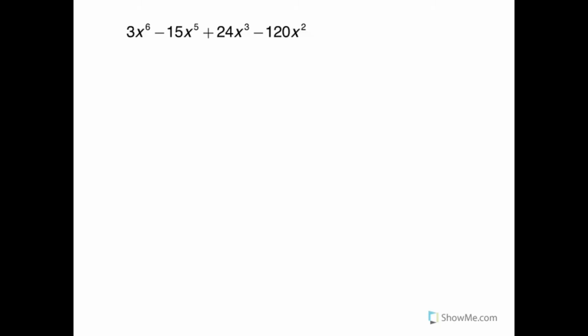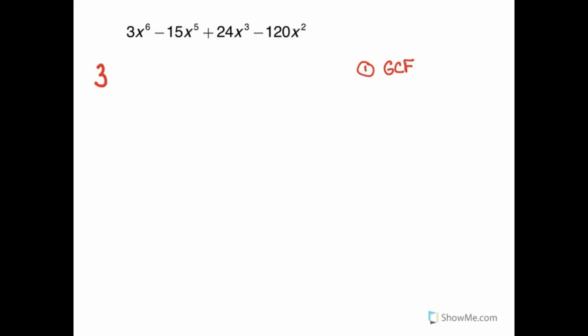Well, here's a doozy. 3x to the 6th minus 15x to the 5th plus 24x to the 3rd minus 120x squared. Let's look for a GCF. Does 3 go into every term? It does.